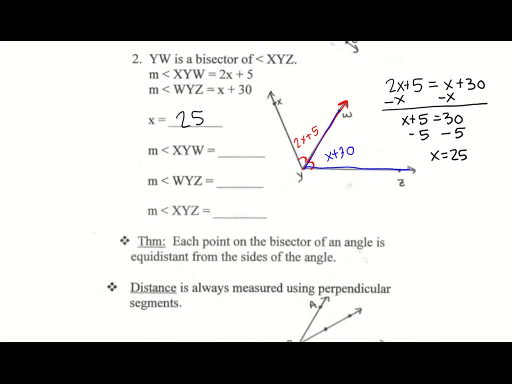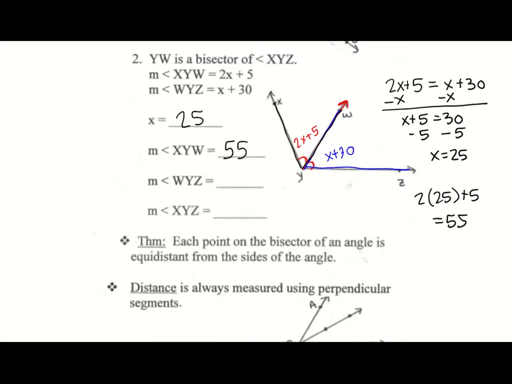So then, with that information, if I'm looking for XYW, this piece right here is 2x plus 5. If x is 25, I'm going to have 2 times 25 plus 5, so I get 50 plus 5 is 55.